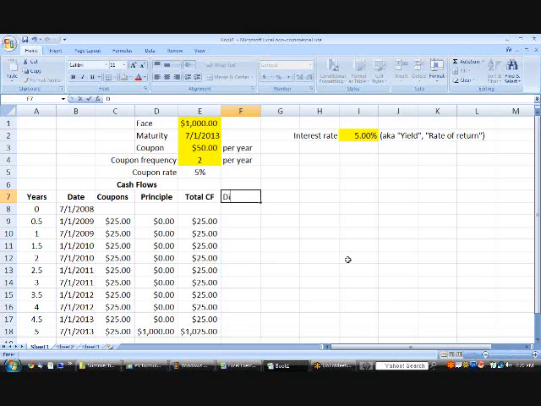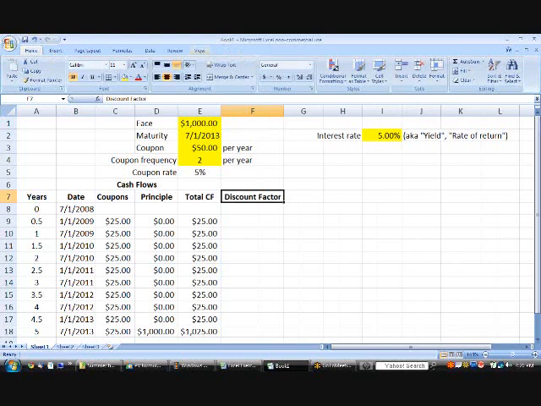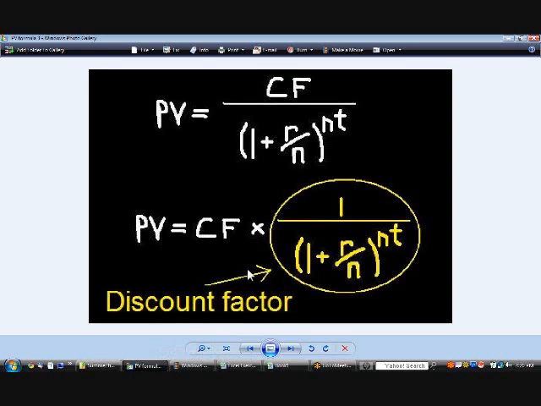Okay, next we're going to calculate the discount factors. Remember, the discount factor is what we use to multiply by the cash flow to get the present value of that cash flow. And in case you've forgotten, here is the formula for the discount factor. It is 1 over 1 plus the interest rate divided by the frequency, and then that quantity is raised to the frequency times the elapsed time.